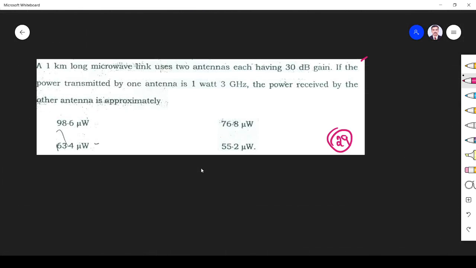Next question. The length they have given is 1 kilometer, so R is 1 kilometer, that is 1 into 10 power 3 meters. The link uses two antennas, each having a gain of 30 dB. The transmitting antenna has a gain of 30 dB, which means 1000.